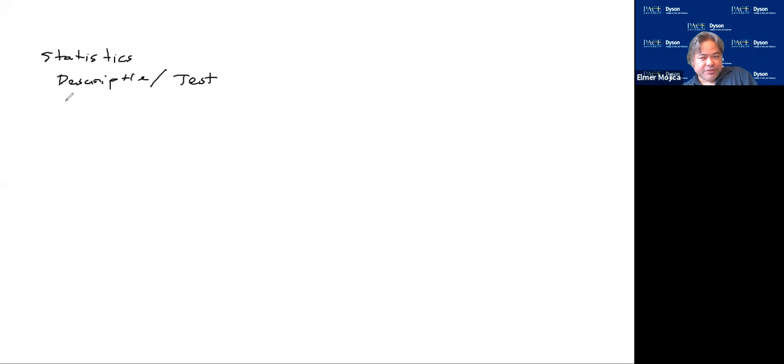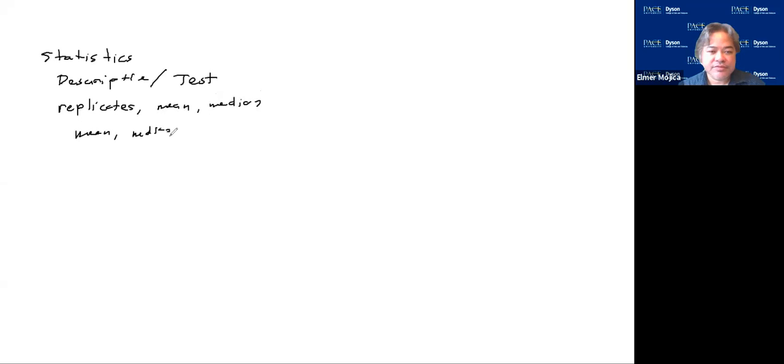And you have different terms that you were introduced like replicates, mean, median, okay? And then you're able to get the mean, median, and standard deviation in the first video that I gave you.